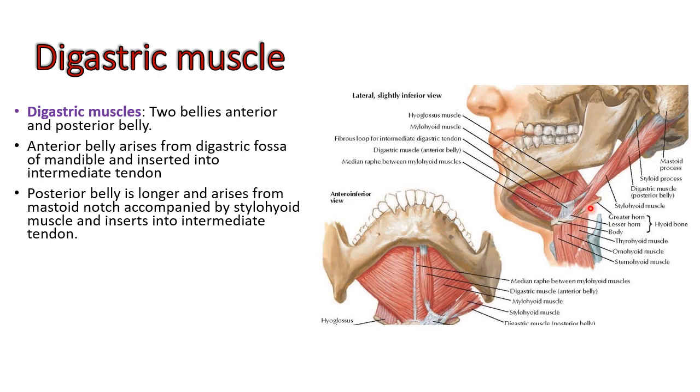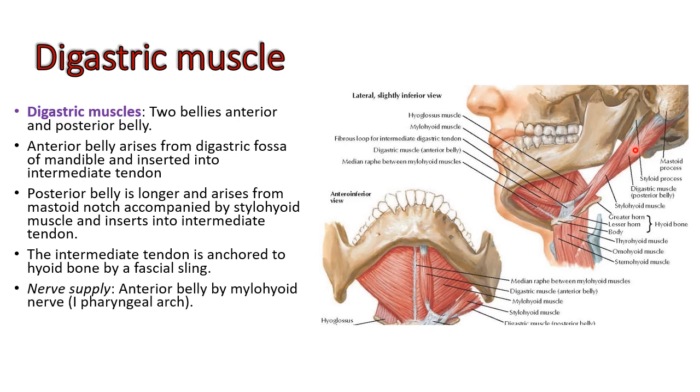Okay, so both the bellies are developmentally different. The anterior belly develops from the first pharyngeal arch, so that is why it gets its nerve supply from the nerve of the first pharyngeal arch. That is, the mylohyoid nerve supplies the anterior belly, whereas the posterior belly is mainly supplied by the facial nerve.